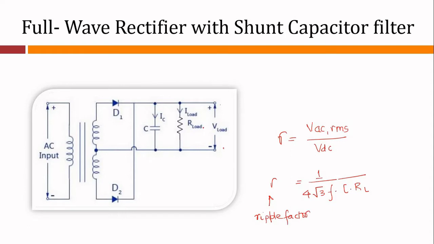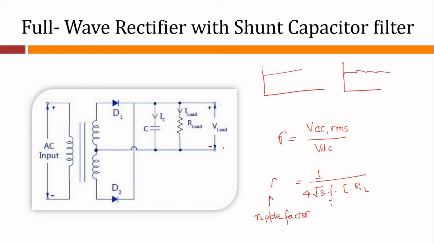Typically what is expected of this power supply circuit is that we have to have a constant value of VDC, but if I mount this assembly of circuit, then what we get is output of this nature. So you see here we have unwanted signal, that is a ripple signal, which has to be minimized, and these ripples can be minimized by using this particular equation, which says that R equals 1 upon 4 root 3 F into C into RL.